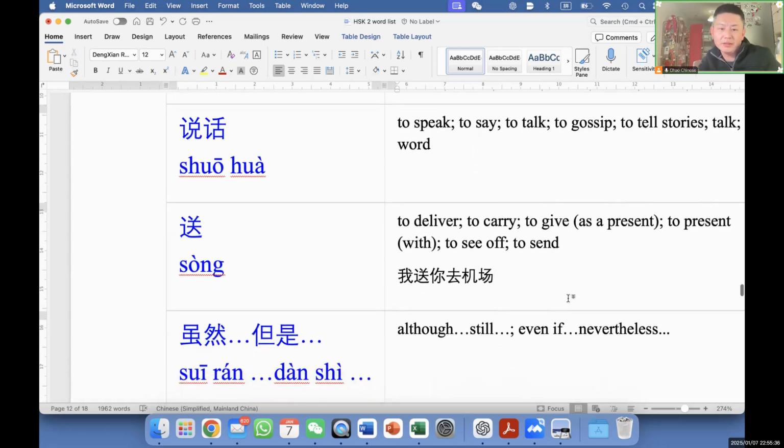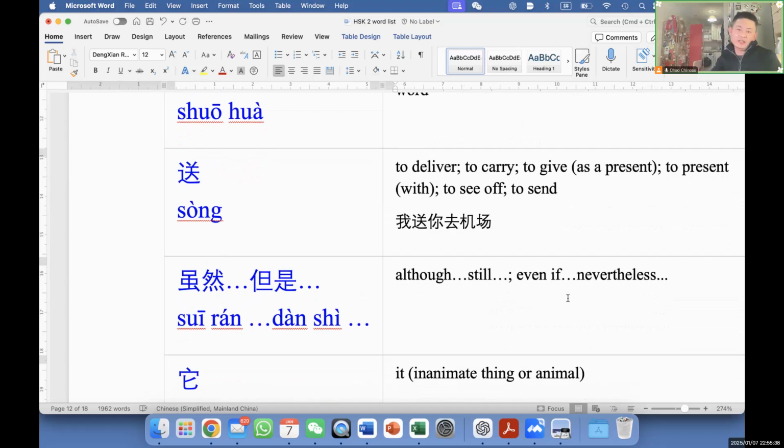我送你去机场. 虽然但是, although, still, even if, but, nevertheless, that's the word. I know in English it doesn't make sense. You don't say, although I like Chinese, but it's difficult, right? You don't really say that. You say, although I like Chinese, it's difficult. Or, I like Chinese, but it's difficult.